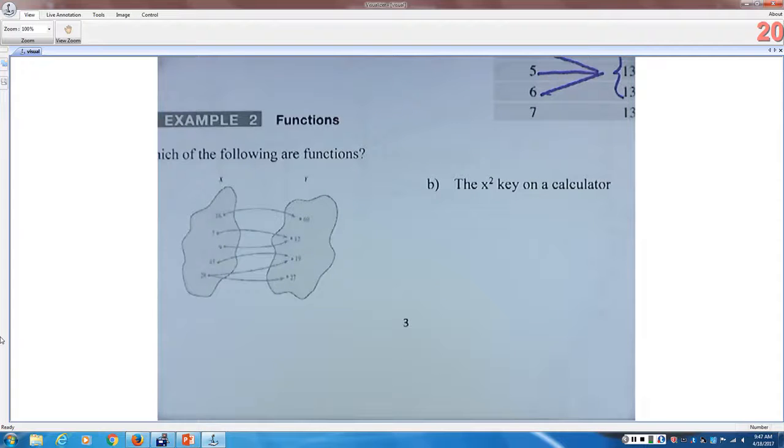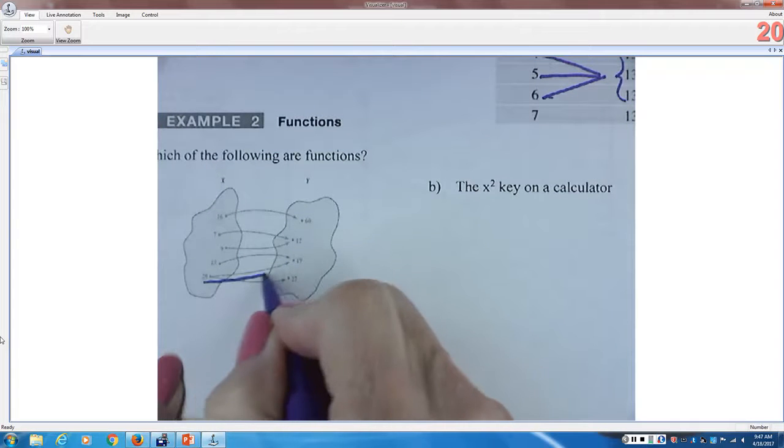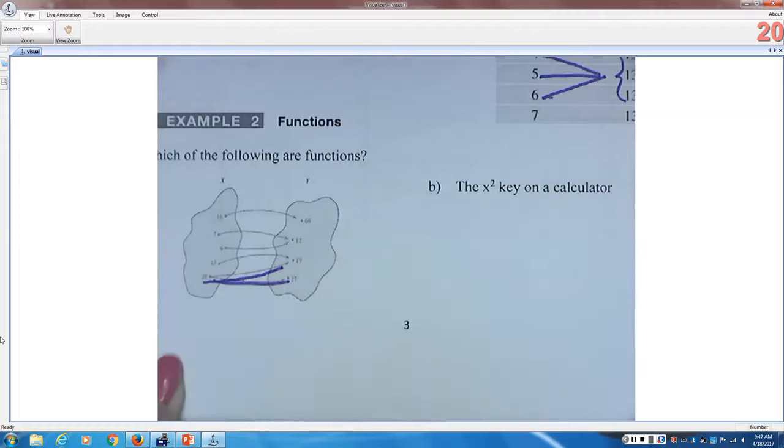And the example we just looked at, the reason this is not a function is that.